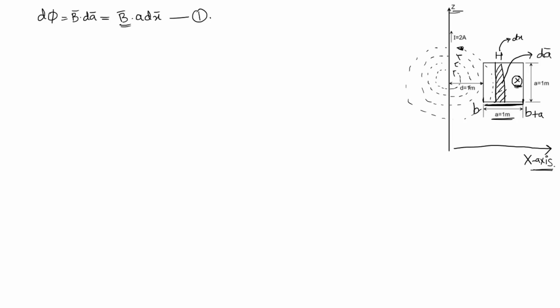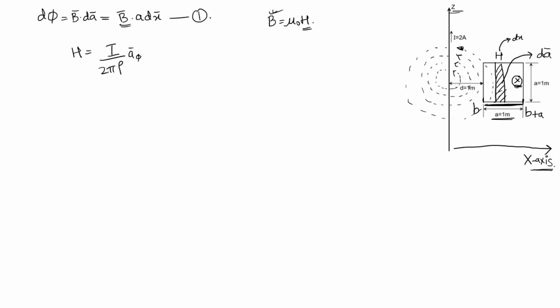Now what is B? B is the magnetic flux density. Now magnetic flux density, what is the relation we have seen? We have seen that B is equal to μ0 H. So for finding out B, we need to find out H. Now what is H? H, that is magnetic field intensity produced by a long current carrying conductor, is given as, we have seen that H is equal to I upon 2πρ, and this direction is aφ, the perpendicular direction, right?